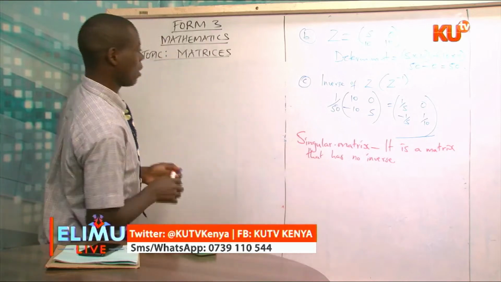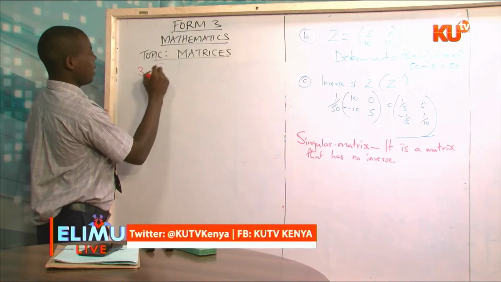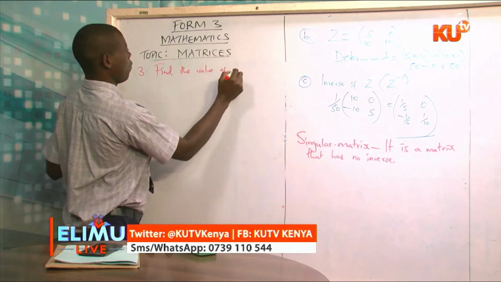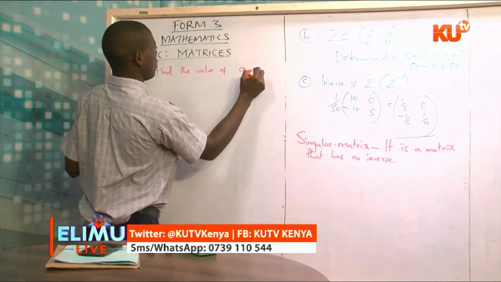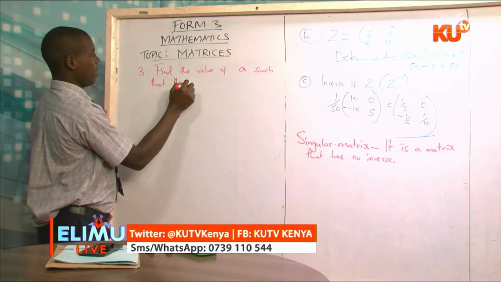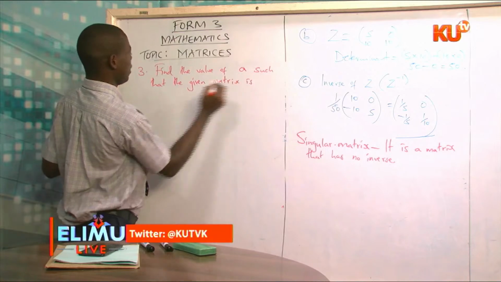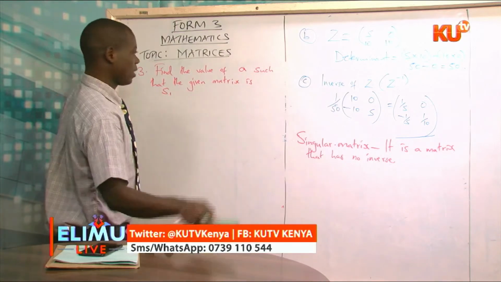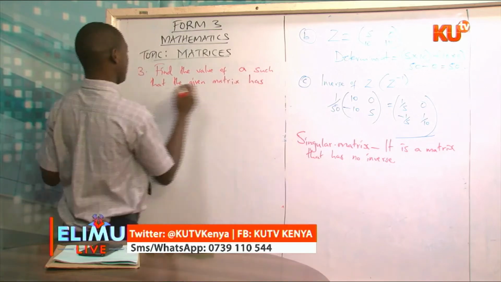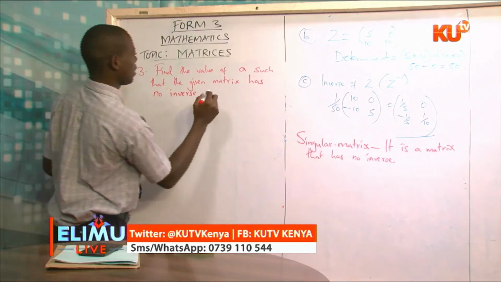Given that statement, we can work out number 3. And this is our question 3. Find the value of a such that the given matrix has no inverse.